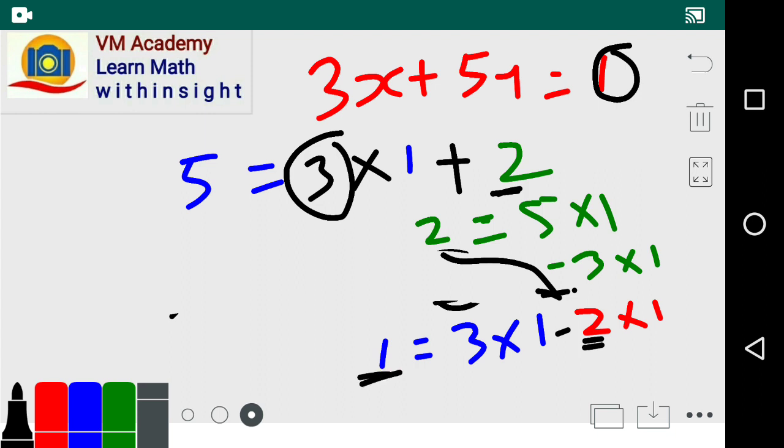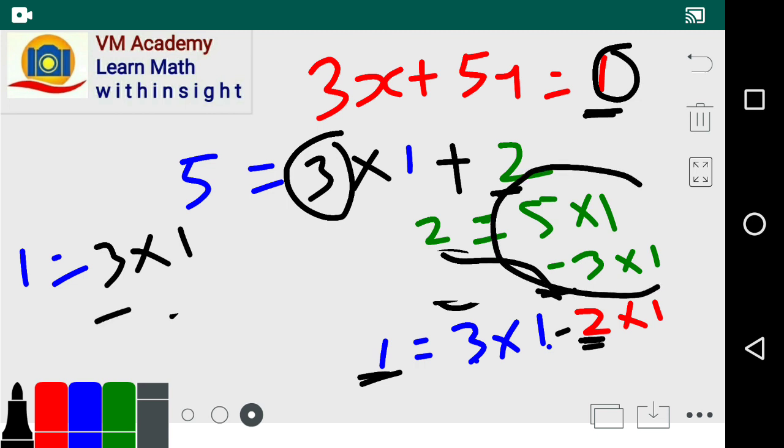So this 1 becomes 3 times 1 minus, in place of 2, we substitute 5 times 1 minus 3 times 1, and minus of minus becomes plus 3 times 1.